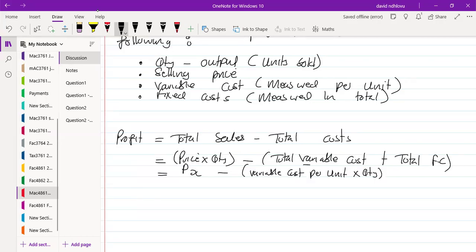That gives me my total variable cost, and then less total fixed costs.